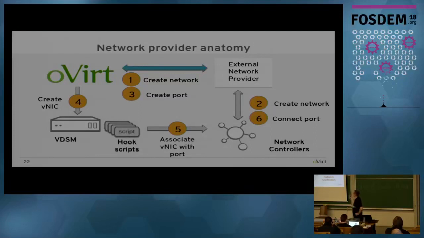So probably no interaction with the network infrastructure yet. After creating the port on the external network provider, oVirt would send a request to VDSM. VDSM is the oVirt agent on top of our virtualization host, telling it to create a VNIC on the VM and plug it into the external network.